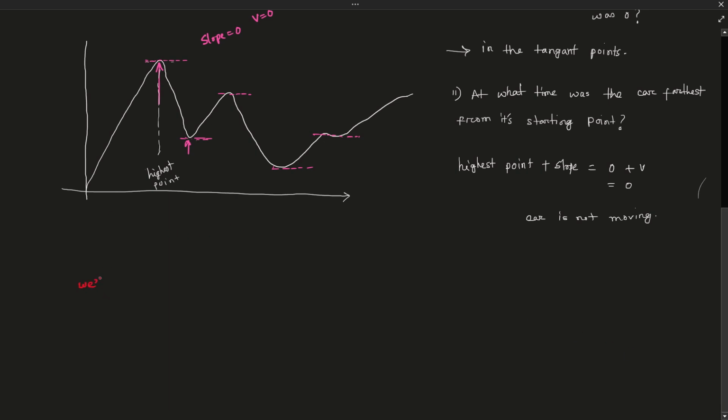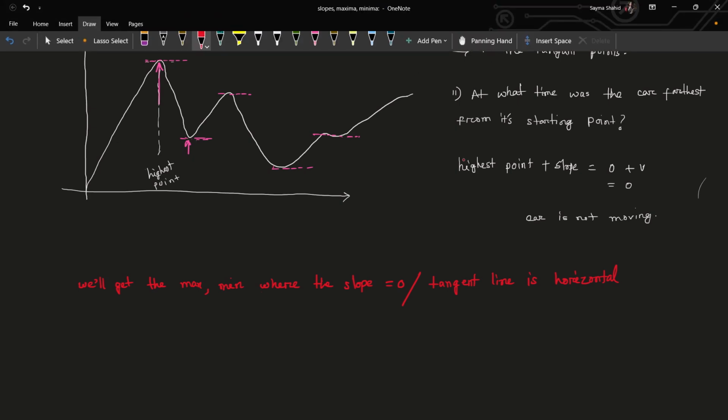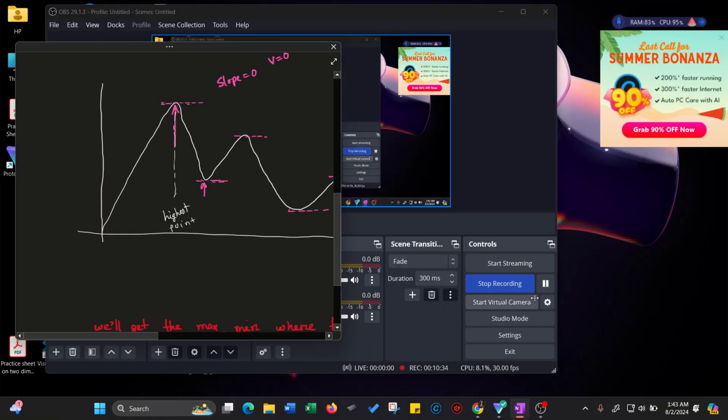So we'll get the maximum and minimum where the slope will be 0, or the tangent line is horizontal.